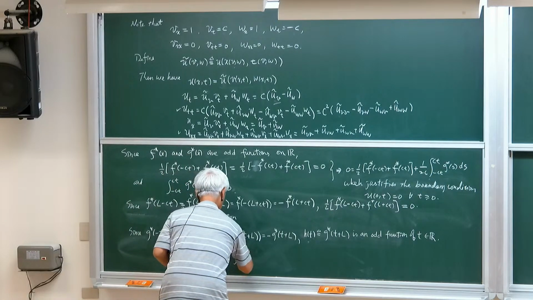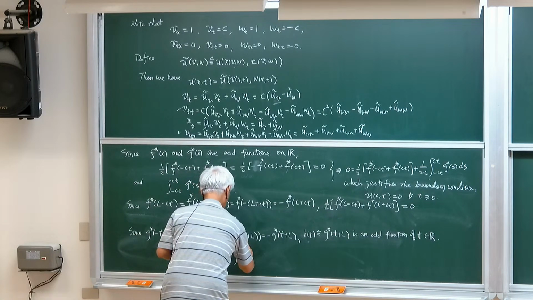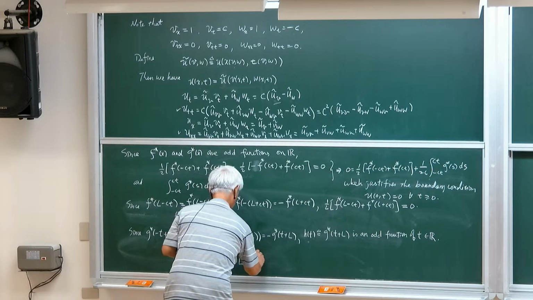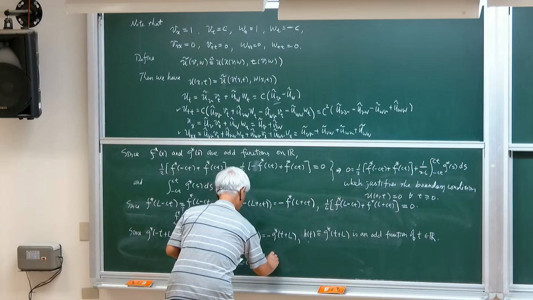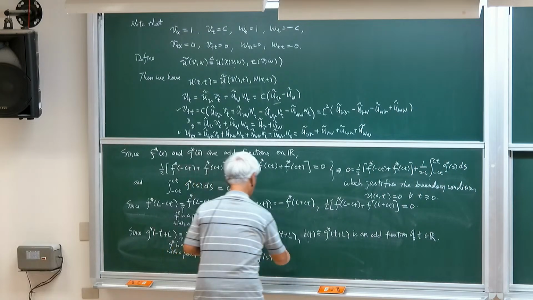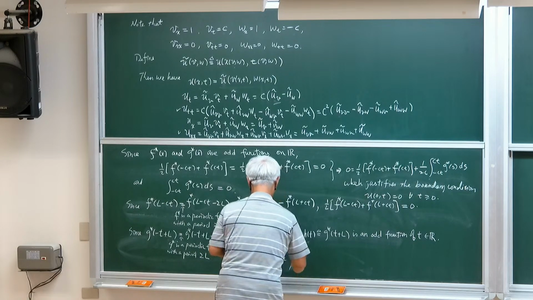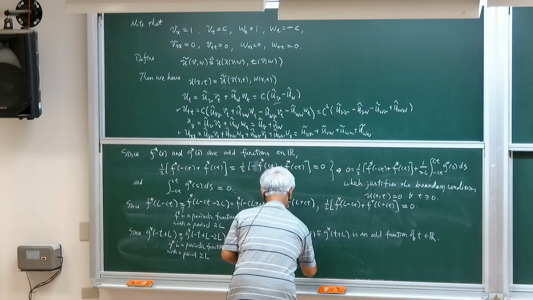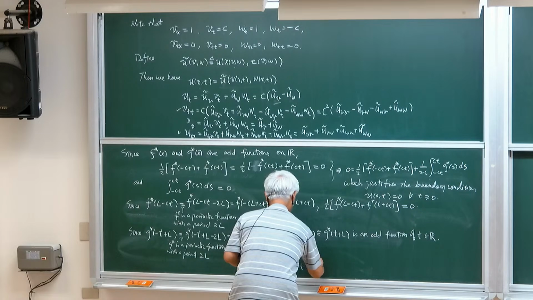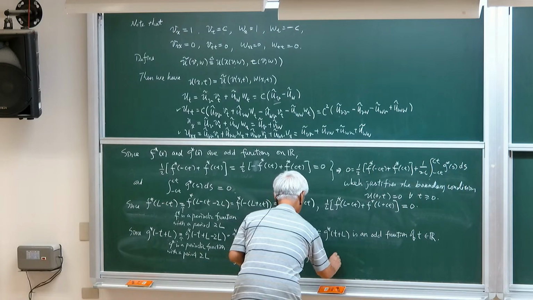So the integral from L minus ct to L plus ct of g star s ds is equal to the integral from minus ct to ct of g star of s plus L ds.